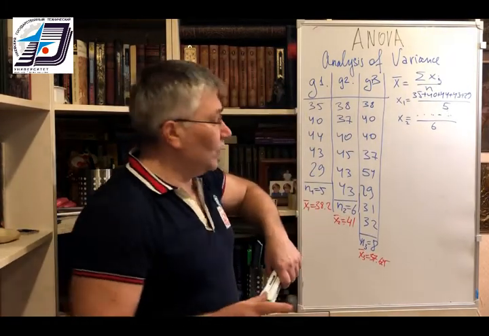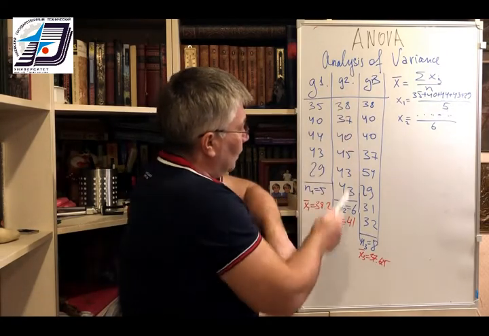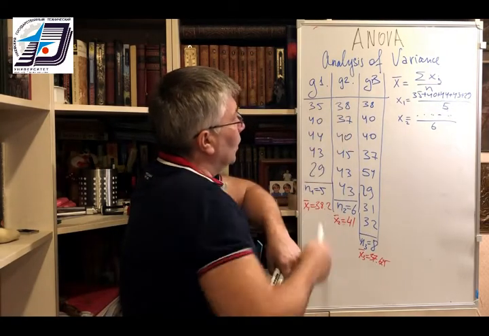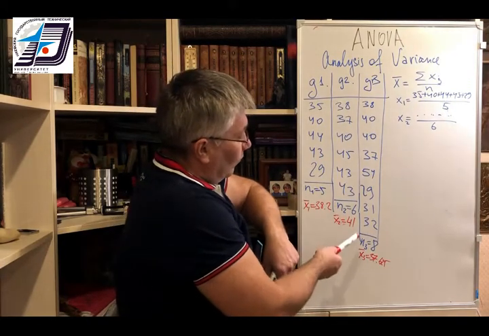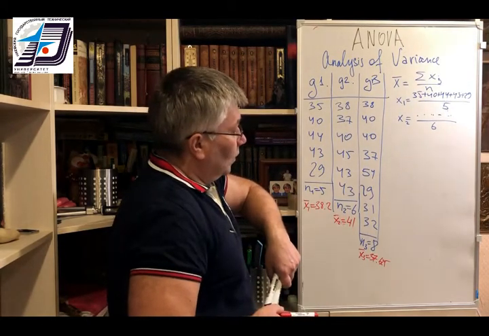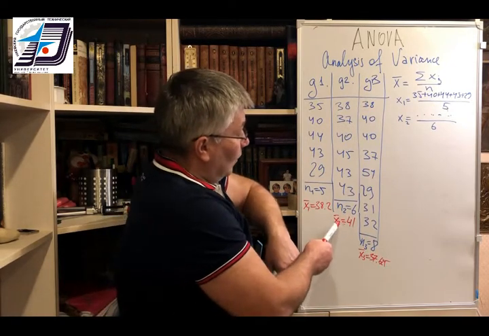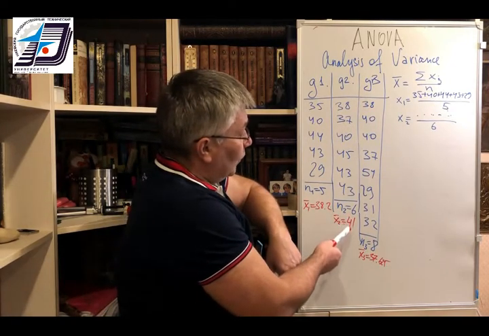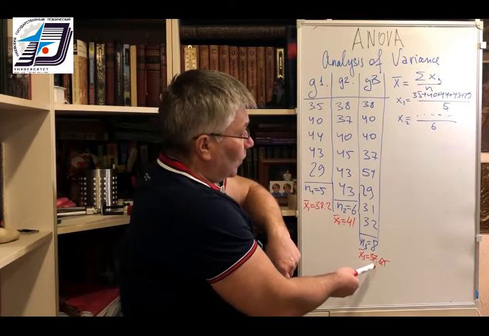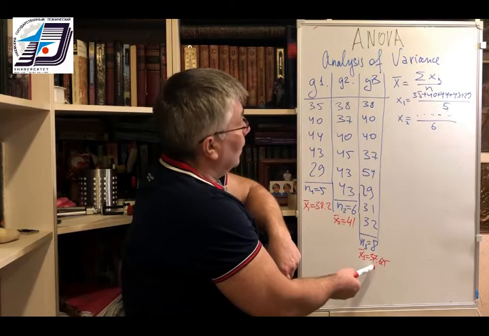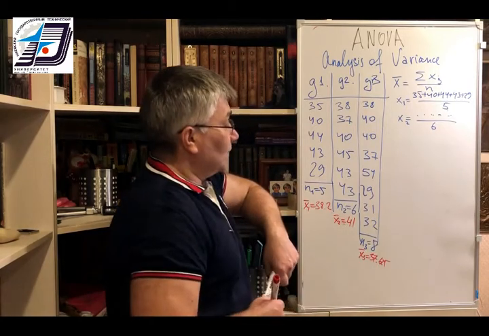So in this calculation, at first glance, the teacher who treated the second group deserves to be awarded because the average grade here, the mean, is 41, and the worst one is the third teacher, 37.6.